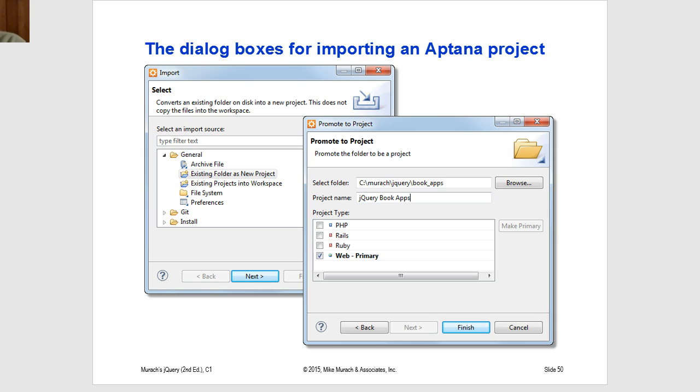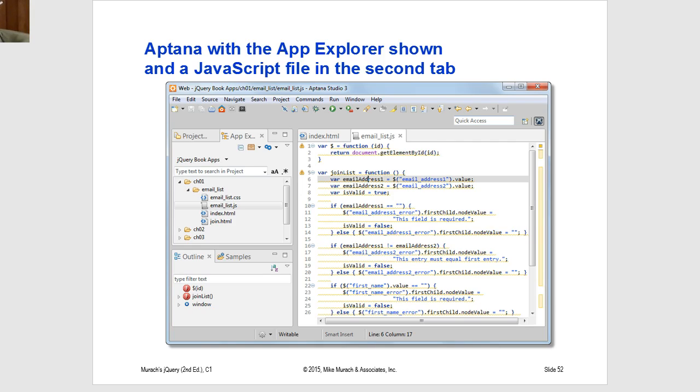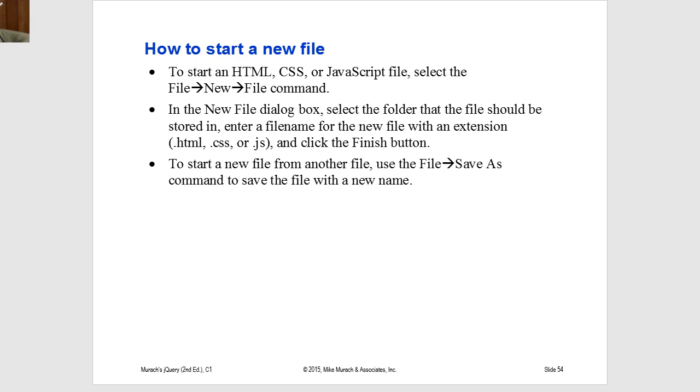Aptana project, I'm so frustrated with this product right now. I'll dig into this on my own, but notice it's basically saying open up a project in Book Apps, creating a new project where your code is going to live. I'm going to punt on this one, quite honestly.